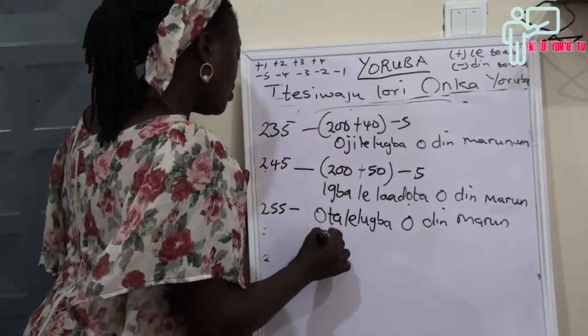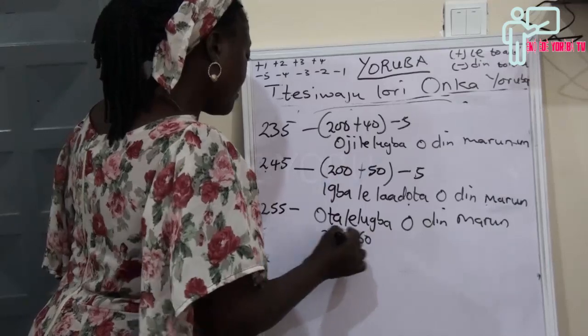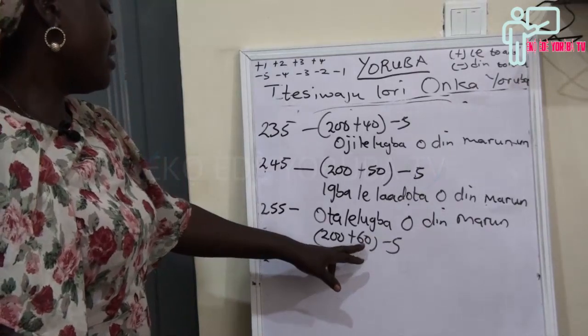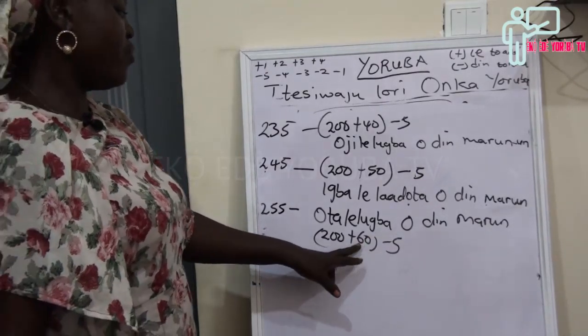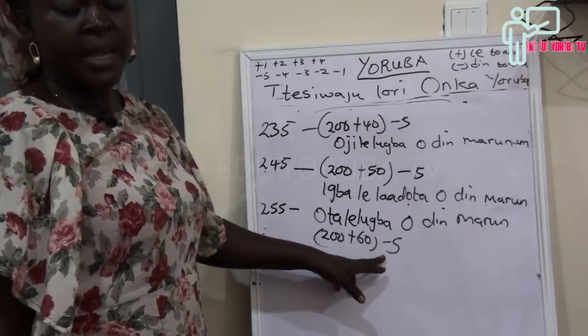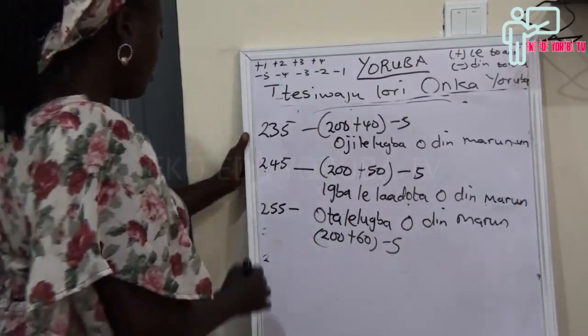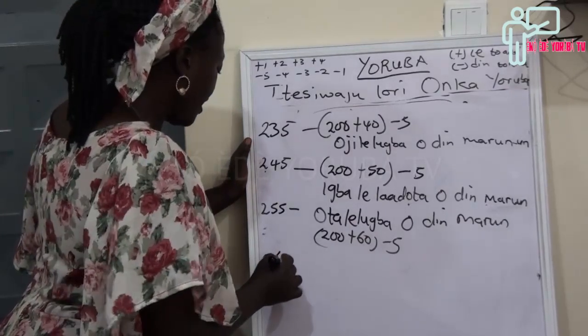Ọ̀tàlélúgba, that is 200 plus 60 minus 5. Ọ̀tàlélúgba, that is 60 plus 200 minus 5. Ọ̀tàlélúgba ó dín márùn-ún. So 265 now.